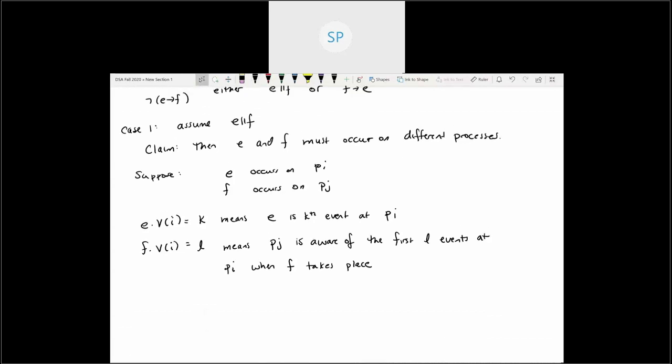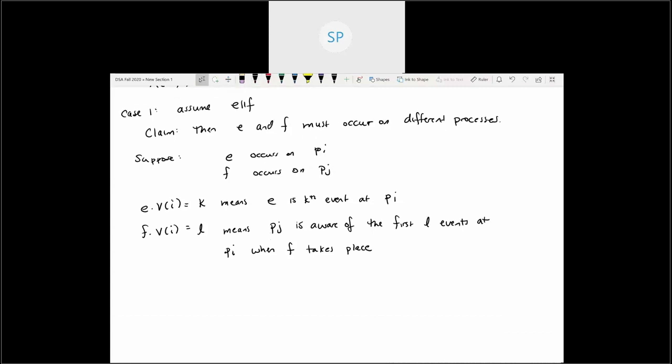So if the ith component of F's timestamp is L, that means that when F happens at Pj, the first L events at Pi are in some causal chain to event F, right? So somehow some messages have to fly around the system in a way that there's a chain between the first L events at Pi and this F event at Pj, okay?